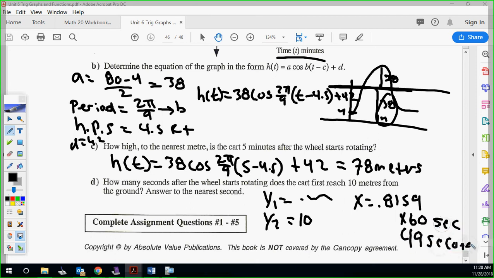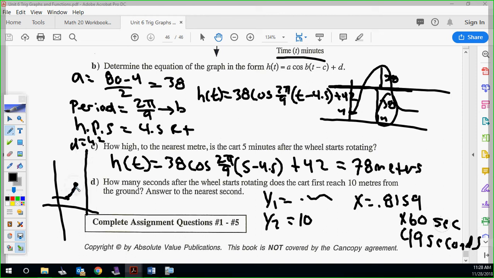All right, so what this means is the first time that it's going to be 10 is at 49 seconds. And that makes sense because you start at 4. You start here at 4 and you're on your way up. We know at 4.5 minutes it's the height, so quickly in almost a minute you're going to be at 10.